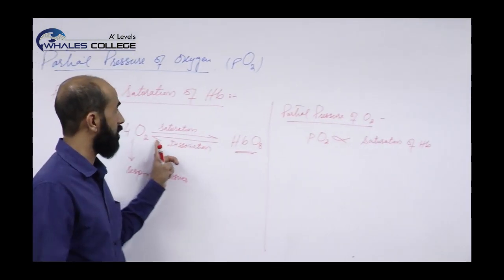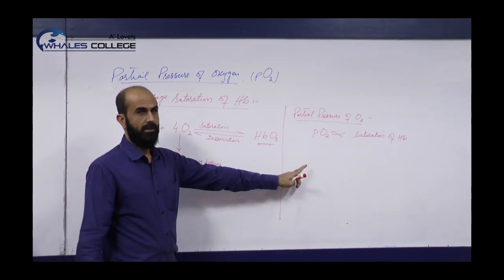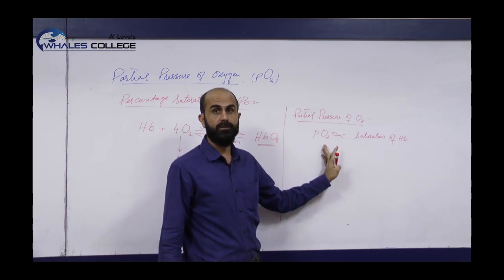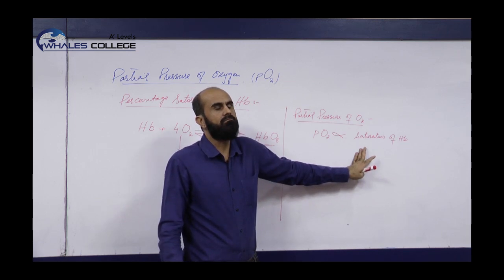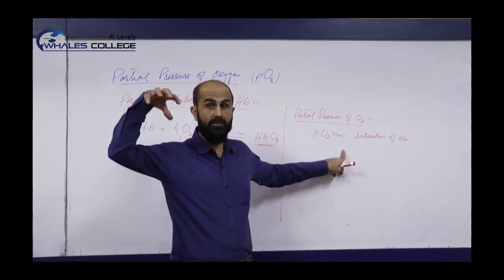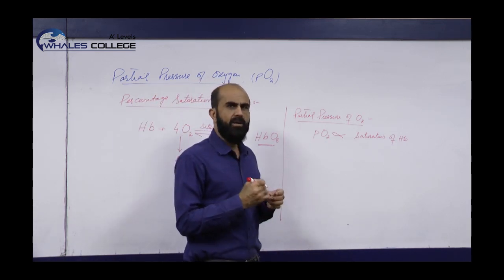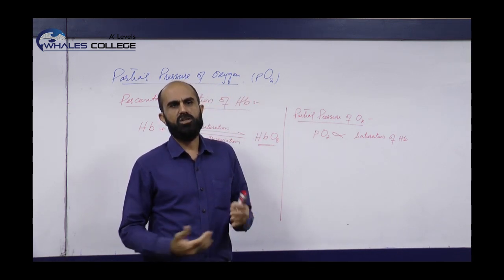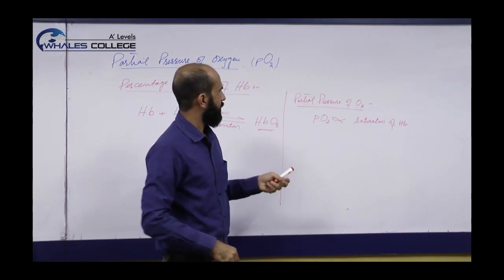So the forward reaction will be promoted. In this case, you cannot unload oxygen from hemoglobin because hemoglobin is not ready to leave oxygen if there's a high partial pressure of oxygen. So, there is high partial pressure of oxygen in the alveolus air, in the lungs, and that's why much more oxygen will be picked up by the blood RBC in the lungs.